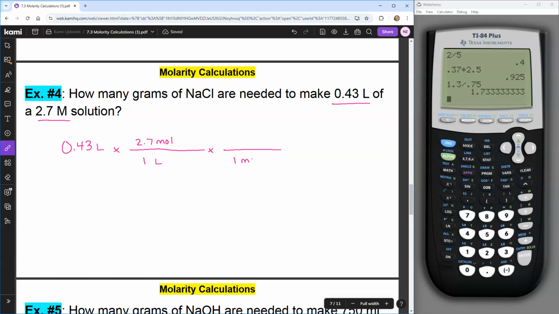For every 1 mole, I happen to know that sodium chloride's molar mass is 58.44 grams. That's how many grams are in 1 mole. Okay. So when I go to plug this into my calculator, I'm going to do 0.43 times 2.7, and then I'm going to multiply that by 58.44. Okay, and again, we want 2 sig figs here, so it looks like it's going to round to 68 grams.